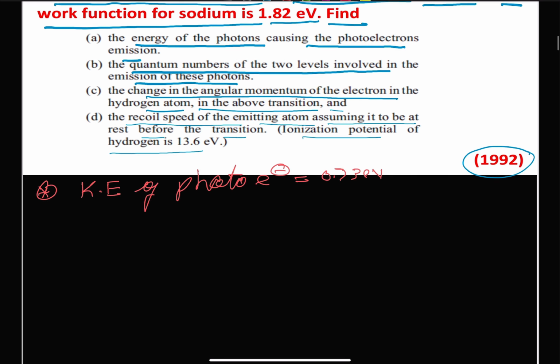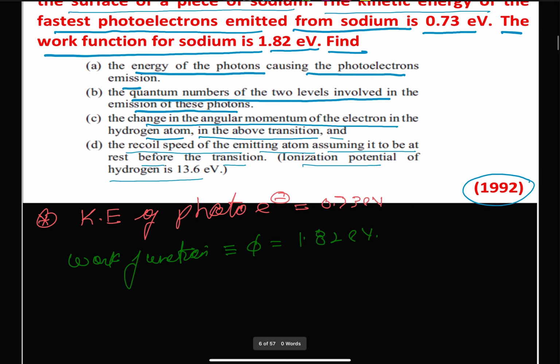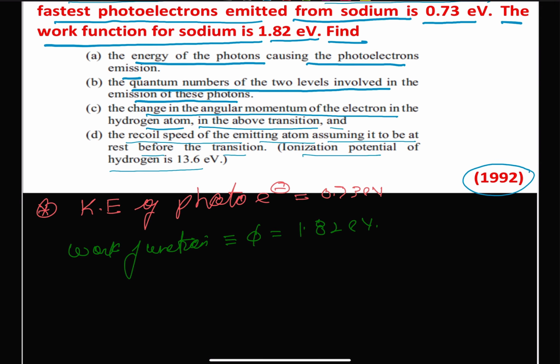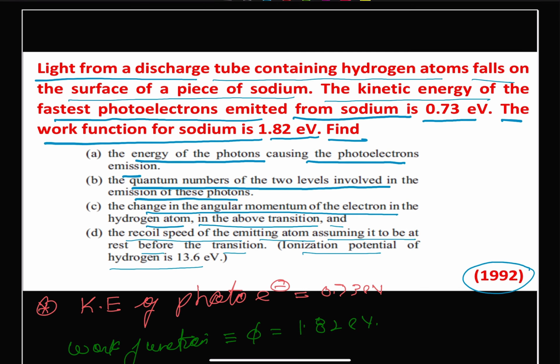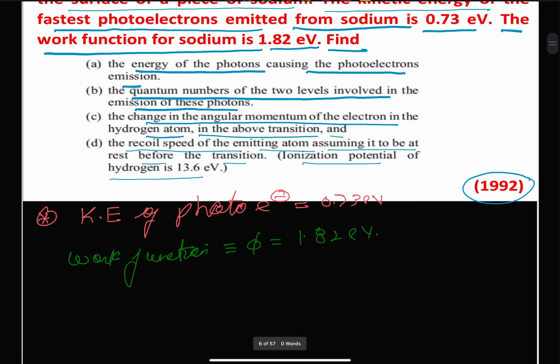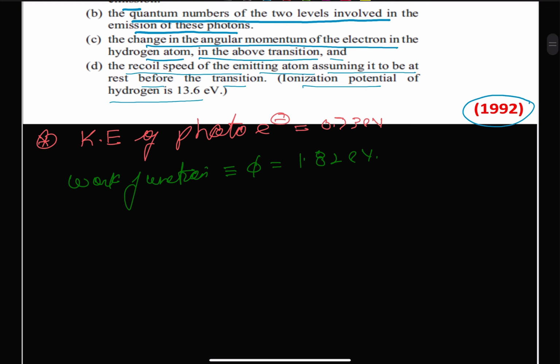The work function of the sodium is given, that is our phi, 1.82 electron volt, and finally the ionization energy, let us suppose that is our E1, is 13.6 electron volt.